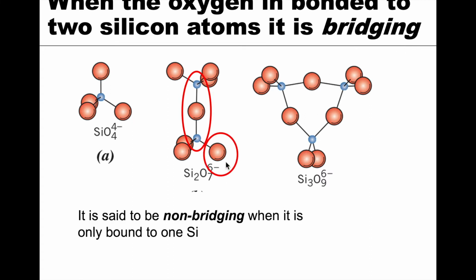And the other case where we have a dangling oxygen there, and it's only bonded to one silicon, this one is the opposite. So we call it non-bridging.